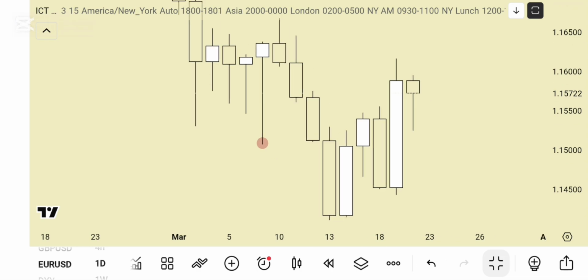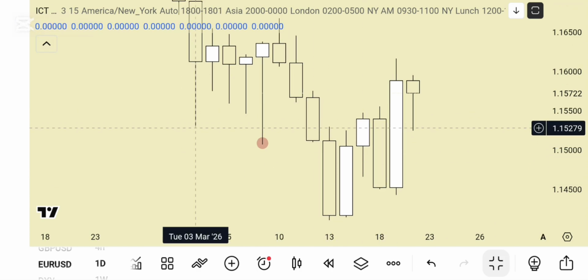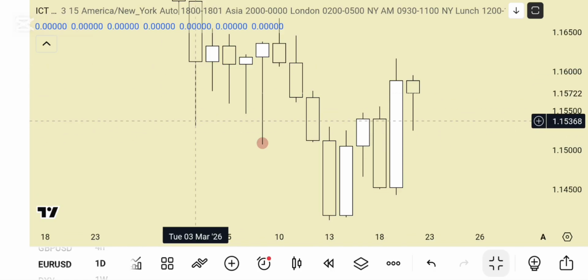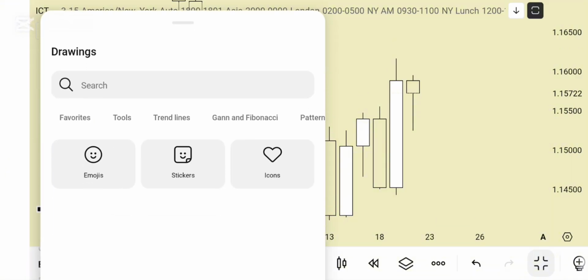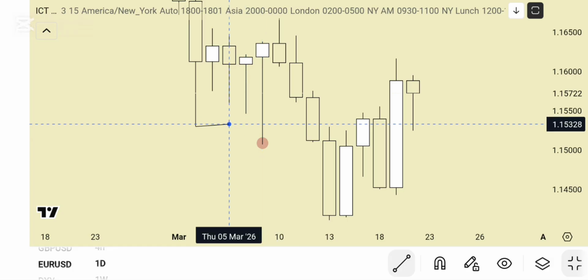First of all, we need a correlated pair. Now, this one here is Tuesday of March. Right? Tuesday, 3rd of March, which was the first week of March. This was Tuesday. Now, I marked this low as my key level, okay?